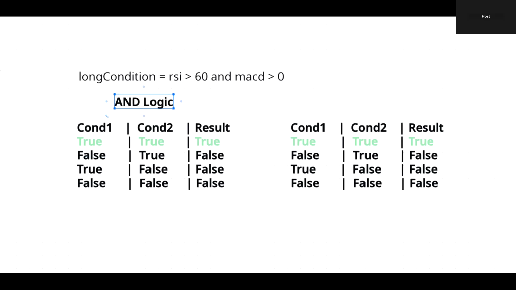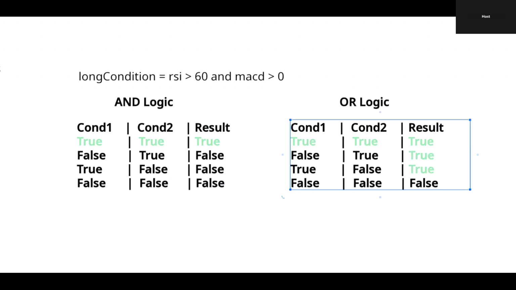If I do the same thing with an or logic, any one of them being true is enough. Either condition 1 is true, or condition 2 is true. If any one of them, or both of them, are true, the final outcome is going to be true. So that's how the OR logic works. At least one of them has to be true in this case, either this one or the other one.